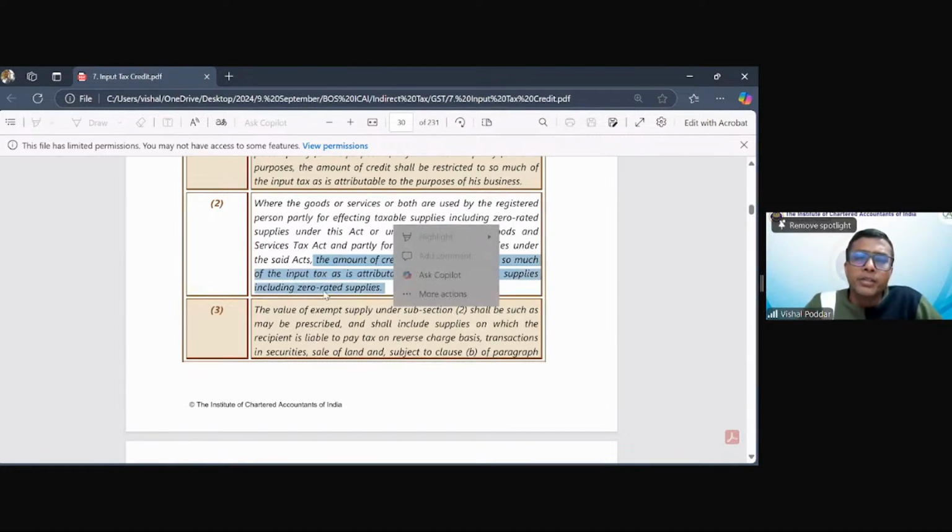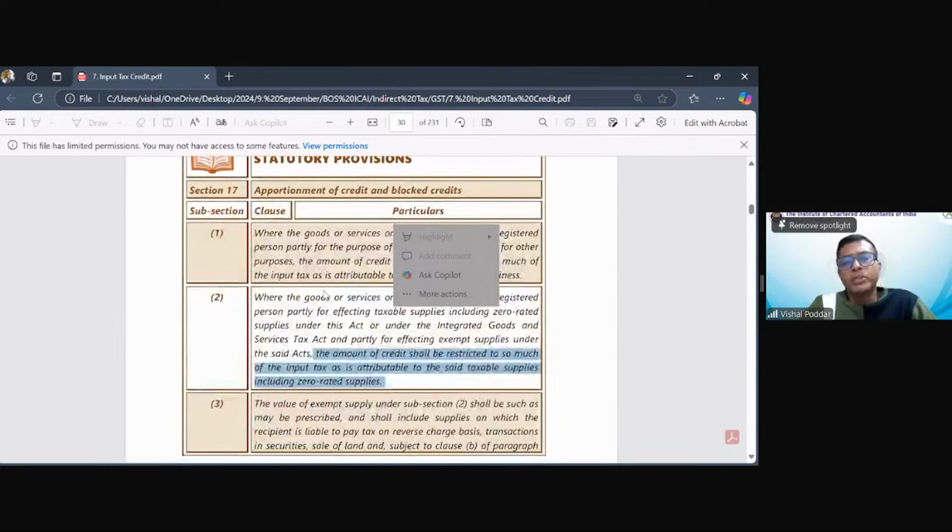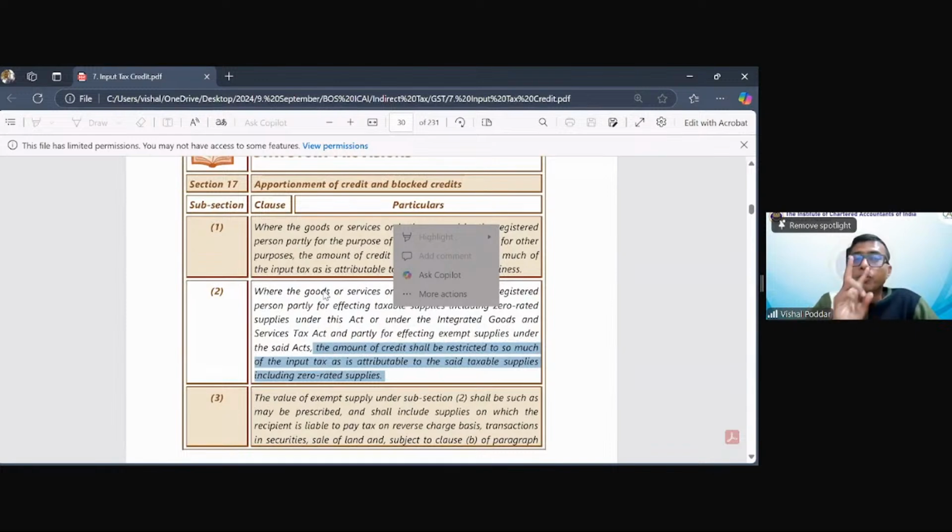So where it is attributable to exempt supplies, my credit will not be allowed, or I have to proportionately reverse it. So basically subsection 1 and subsection 2 give you two different reasons for proportionately reversing the ITC. First reason, in subsection 1, is where you are using those goods partly for business, partly for non-business, like personal.